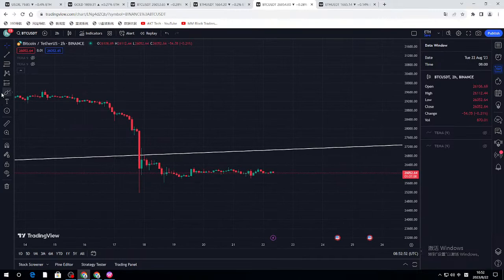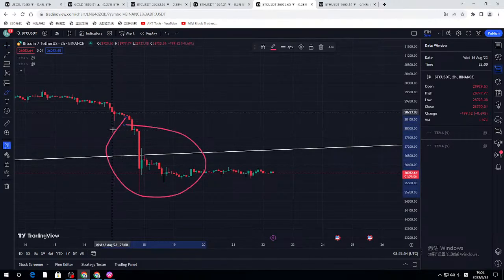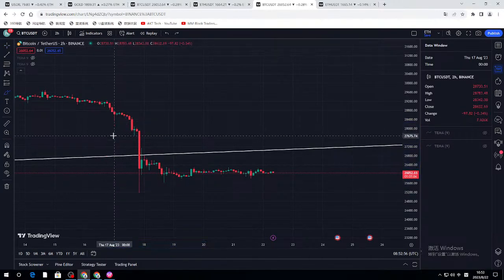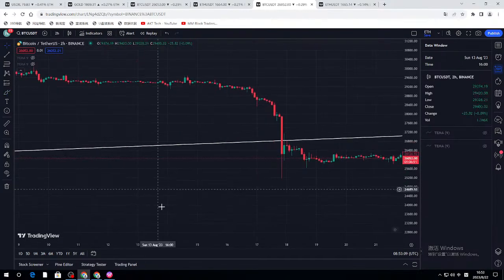We did end up seeing some lower lows in the price action on the 2-hour chart, while also confirming higher lows in the indicator.